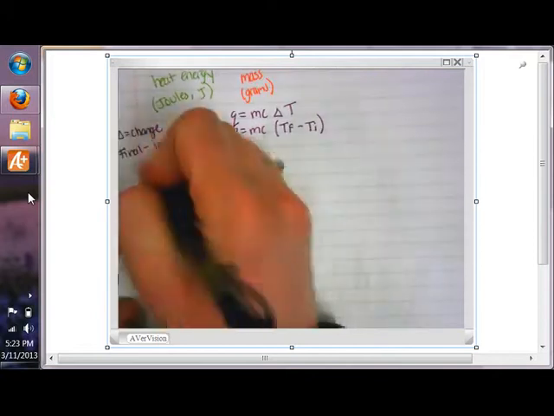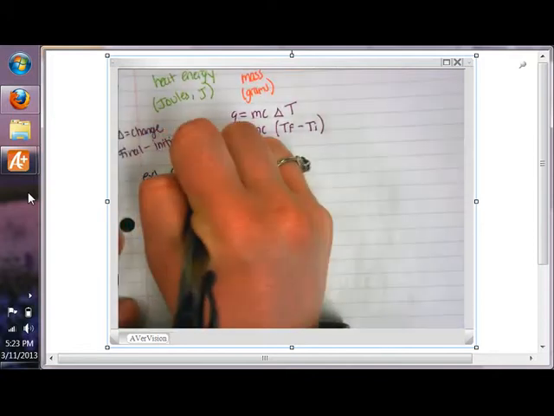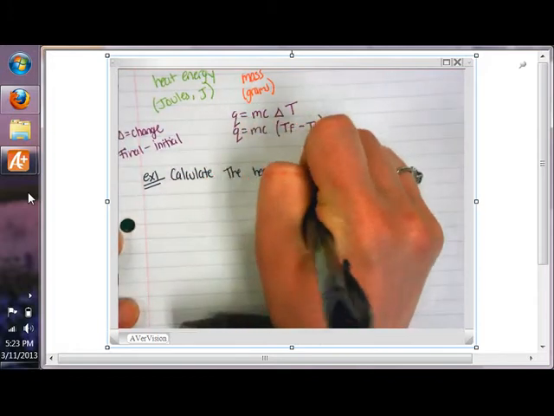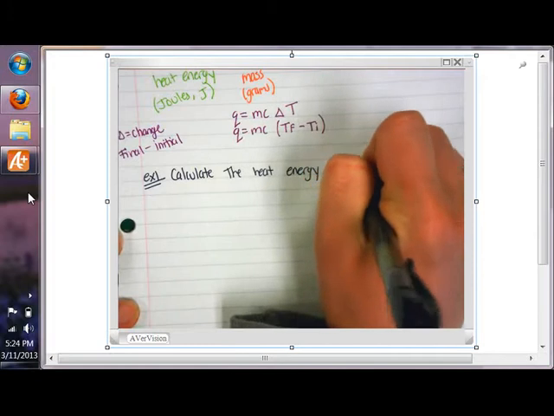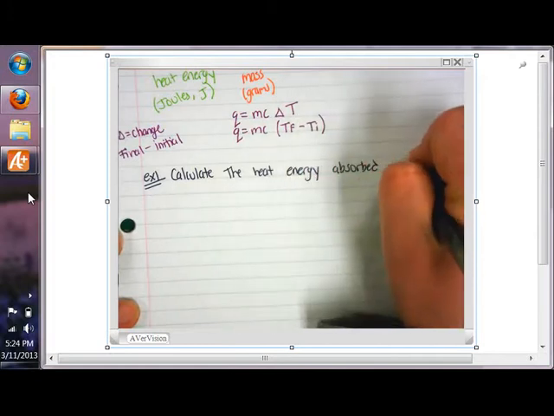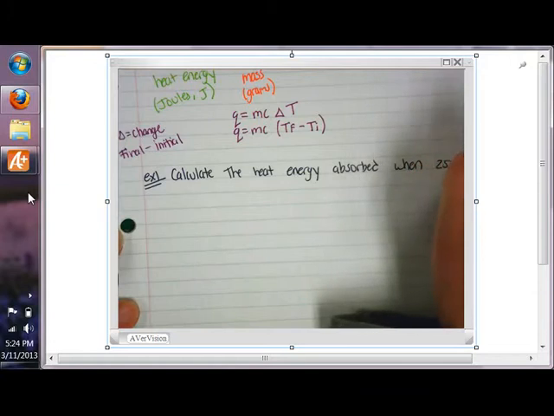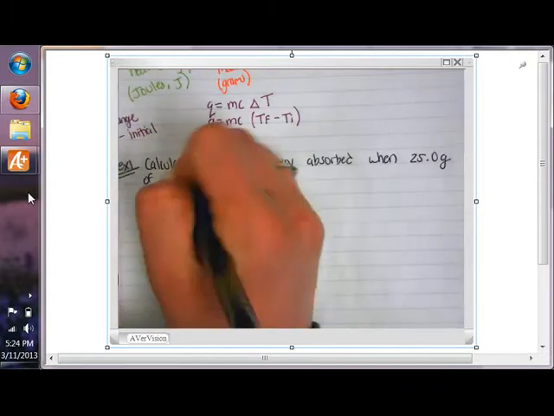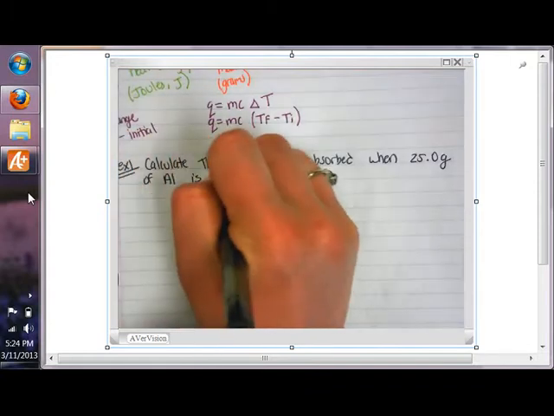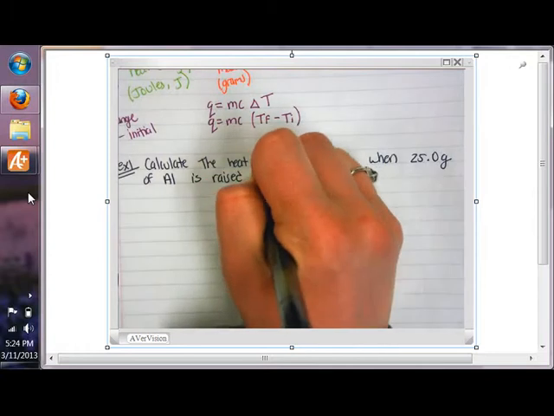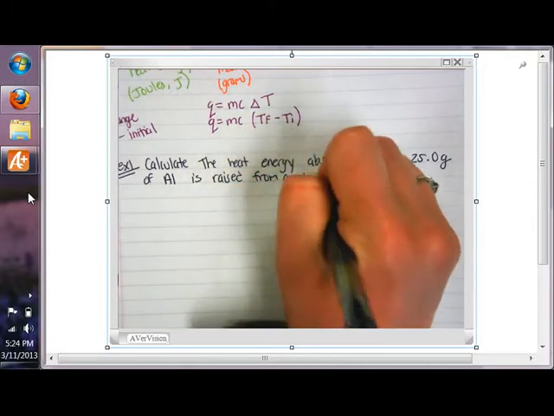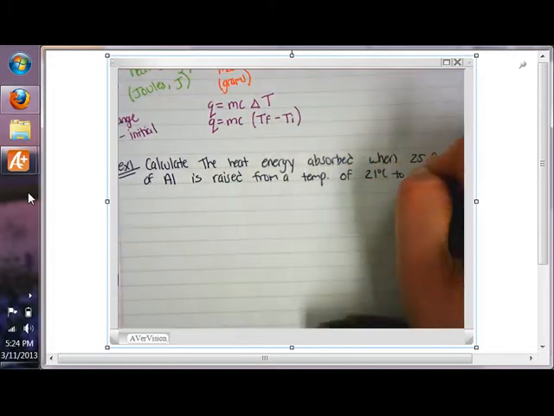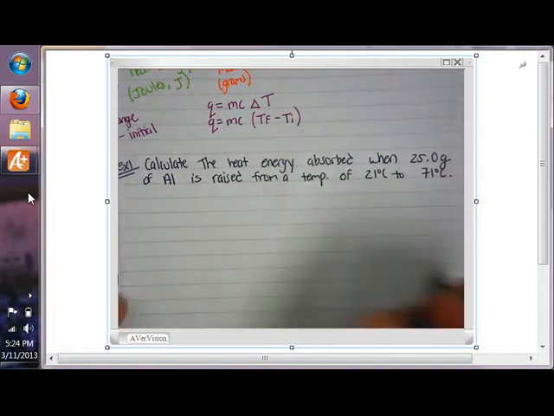Example 1: calculate the heat energy absorbed when 25.0 grams of aluminum is raised from a temp of 21 degrees Celsius to 71 degrees Celsius.